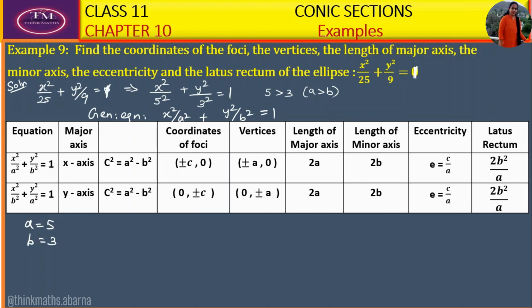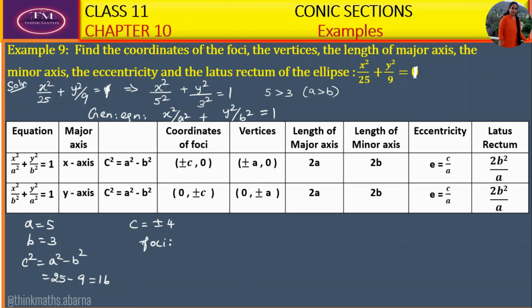Then how to find out c square? So c square is a square minus b square. So a square is 25, b square is 9. So 25 minus 9 is 16. That means c is equal to plus or minus 4. So we got the value of c as 4. So therefore what will be the focus?